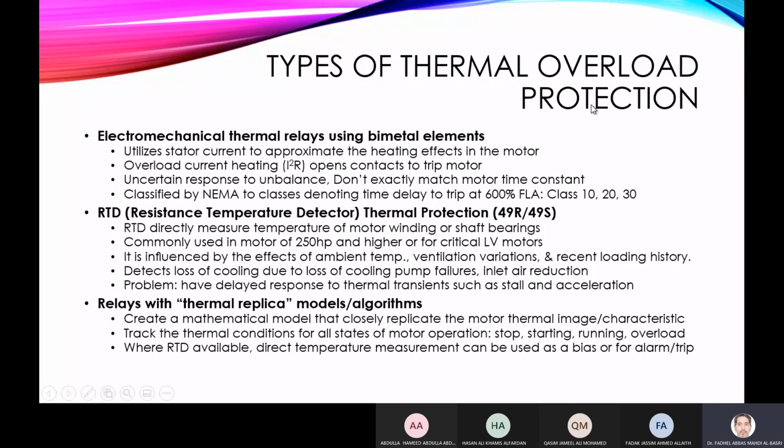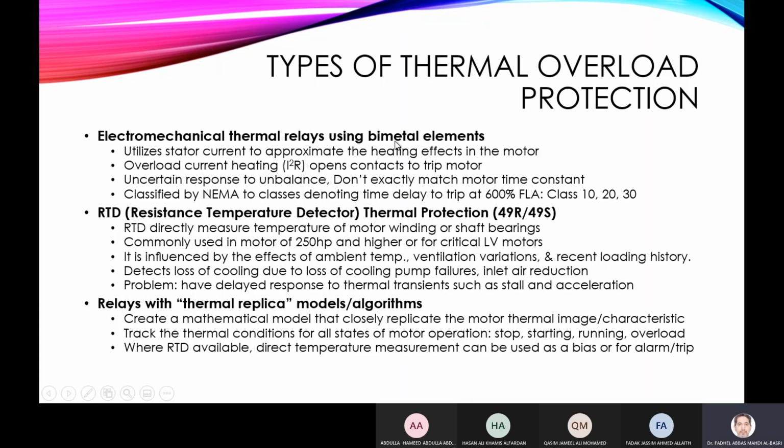So how do we provide the thermal overload? We have old relays, normally electromechanical relays, that use something called bimetal elements. It is a piece of metal of two types. They expand due to heating from the current, and from the expansion it hits something and trips the circuit breaker.